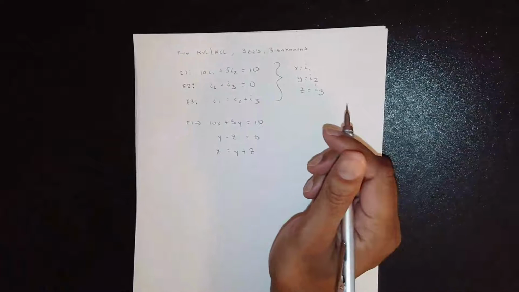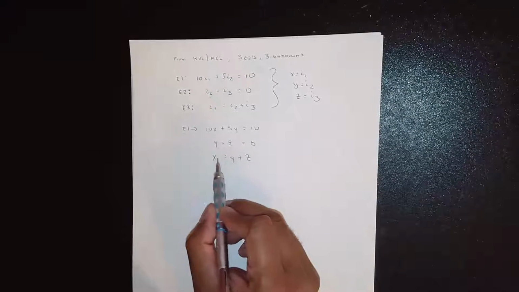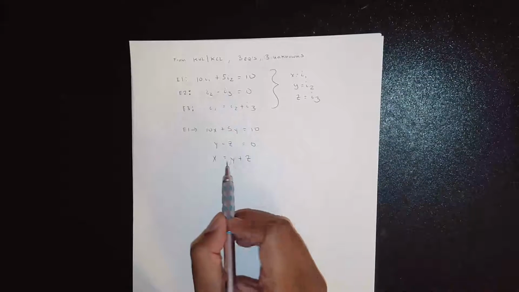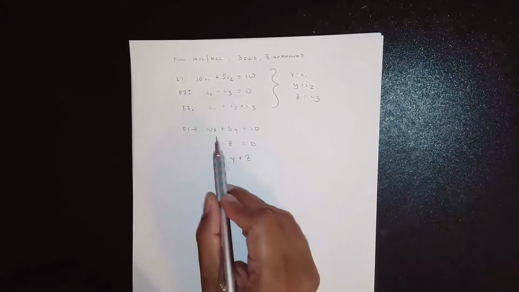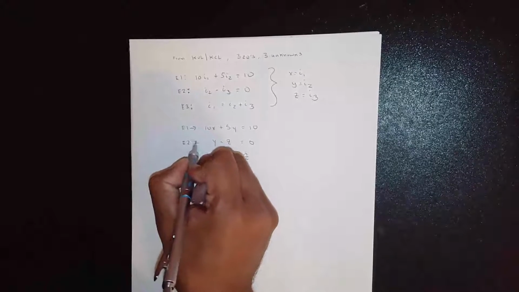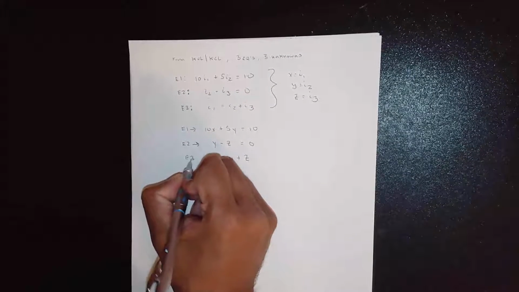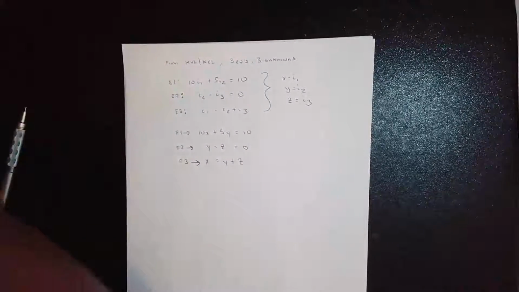So how do I do this? Well, the easiest way is that you've already set x equal to something here: x equals y plus z. So wherever there's an x, I simply plug in y plus z. So this is equation 1 again, this is my equation 2, and this is my equation 3. Let me draw the arrows here to make it more consistent so that you see where it's coming from.